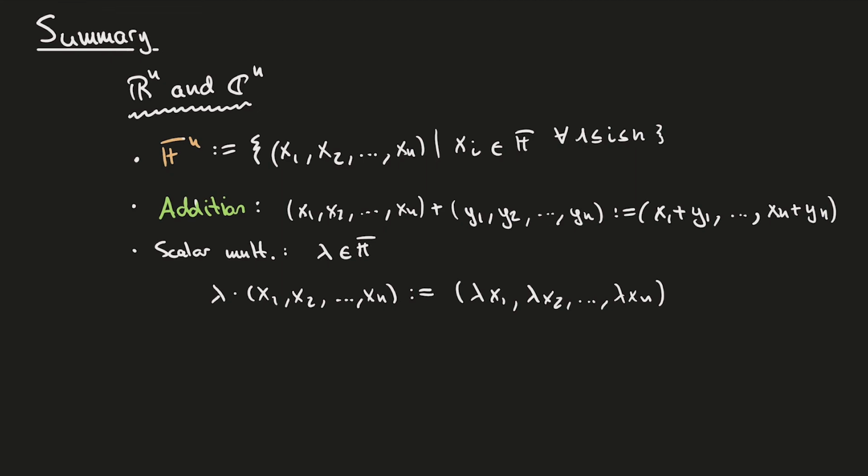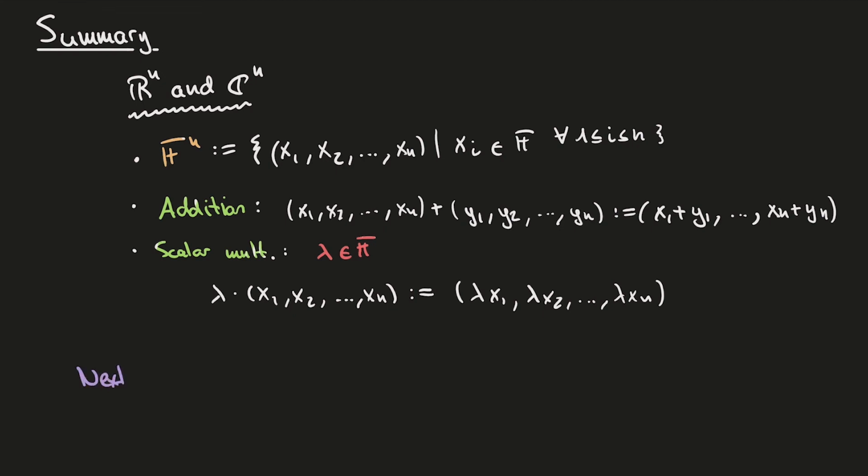So this is a component-wise addition. Finally, we defined a scalar multiplication, which allows us to multiply elements in Fn by scalars, and these scalars live in the base field F. So this was important to remember. And the scalar multiplication works as follows. We just multiply each of the coordinates by the scalar lambda.